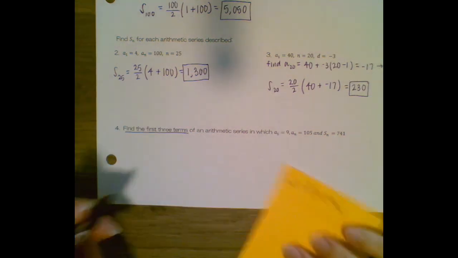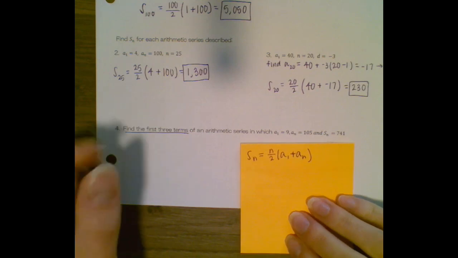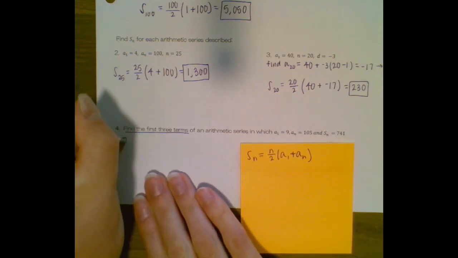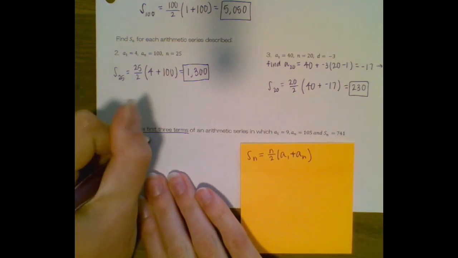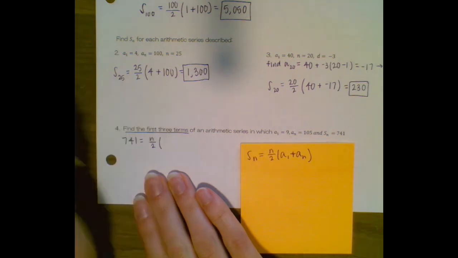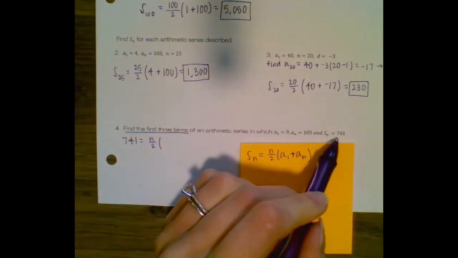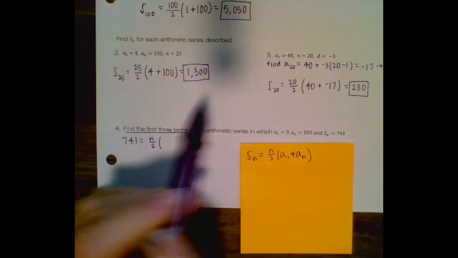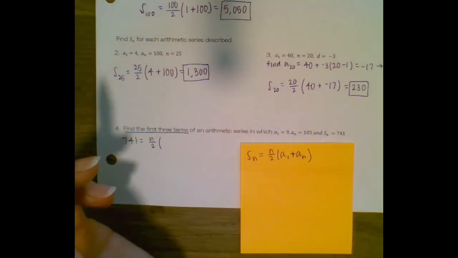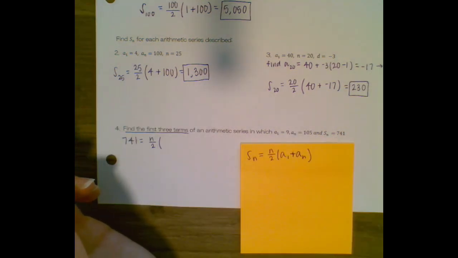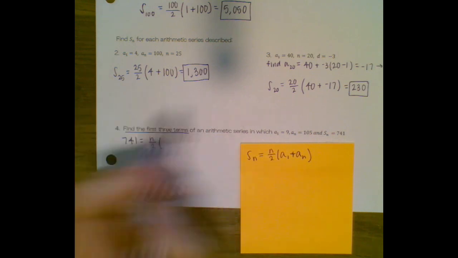I'm going to use this little sticky note to refer us back here. Okay, so we have 741 equals n divided by 2, because we need to find out what the last term number is here, like how far in the sequence we go.